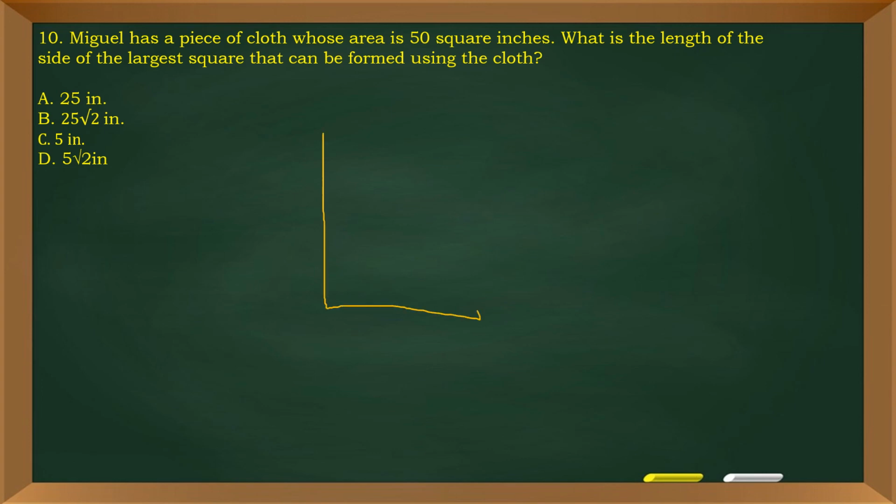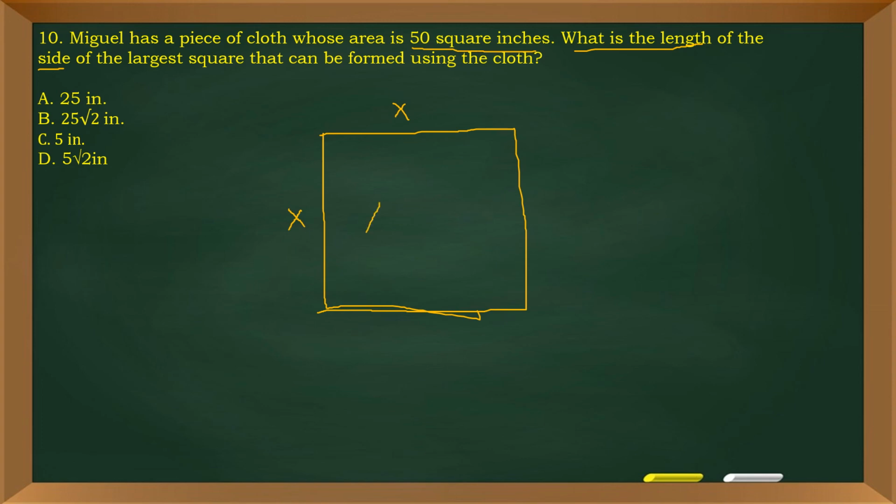So, imagine this is a perfect square. And the sides of the square are unknown. Yun ang hinahanap. What is the length of the side of the largest square? So, i-represent na lang natin yung length niya as x. Siyempre, kapag square, yung length at saka yung width pareho. So, x and x. And its area is 50 square inches.